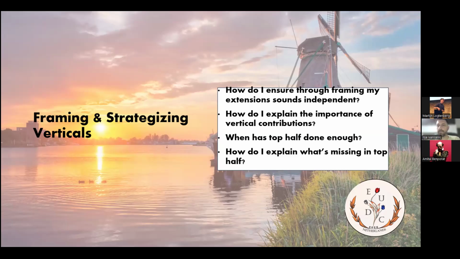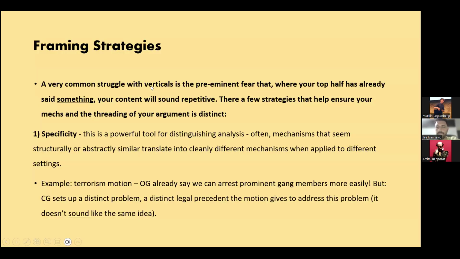How to explain the importance, the contributions, why the specific burdens that you're filling matter, and the reason for the thing that you're extending. And just generally, how to understand whether the top half has done enough, what's missing, etc. Okay, so on the next slide, there are, I think, three specific tips that we have.